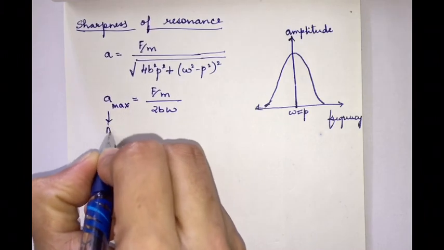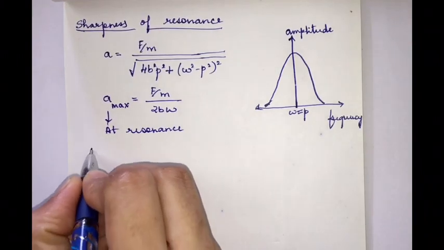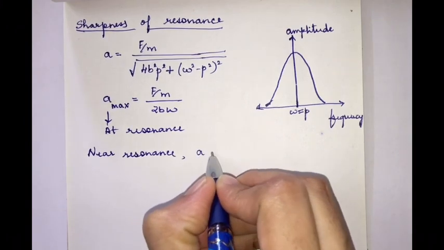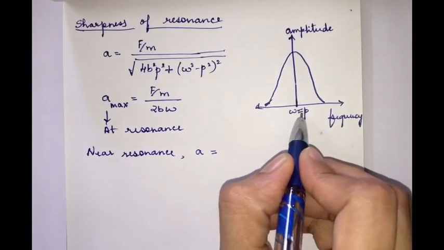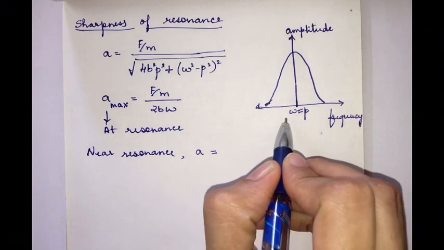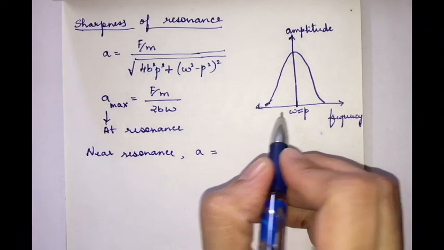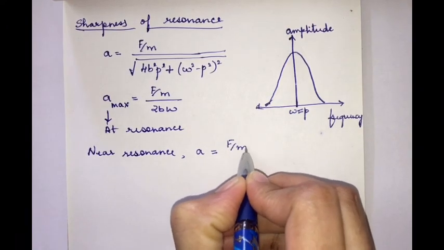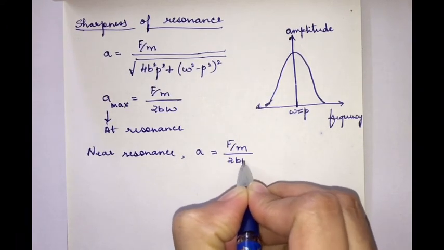This is at resonance. What happens near resonance? Near resonance, we can write the amplitude with p very close to omega. P is not equal to omega, but p very close to omega. So I can write this equation as F by m by 2b p.